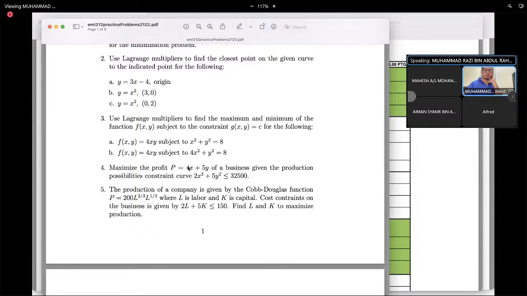And at the same time, the statement here is somewhat different from the usual statement. It says here, subject to this constraint g(x, y) = c.